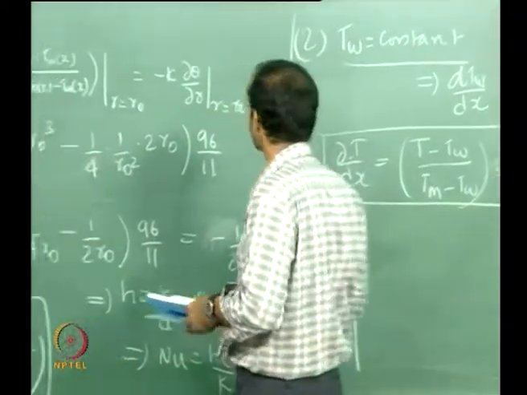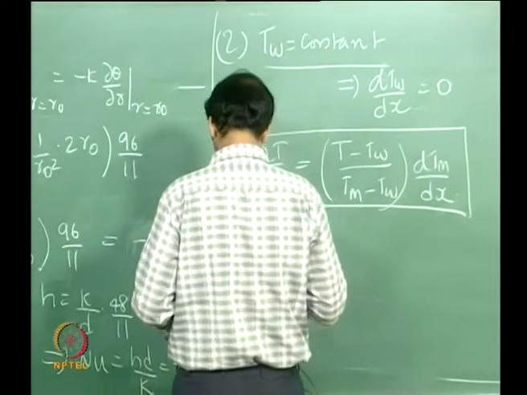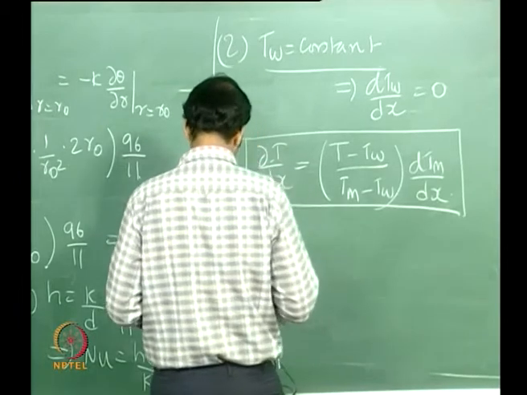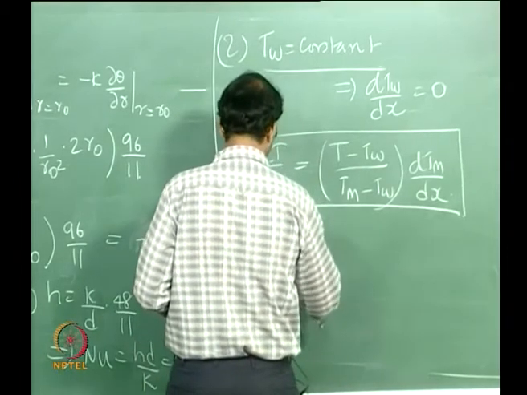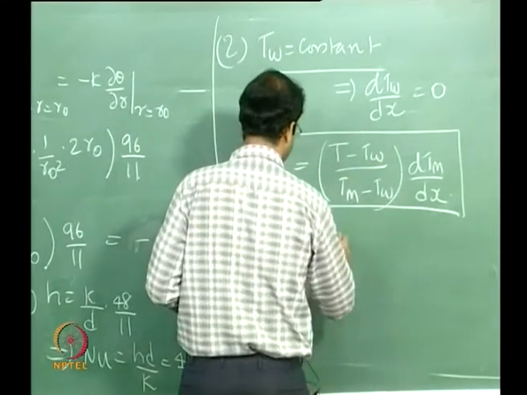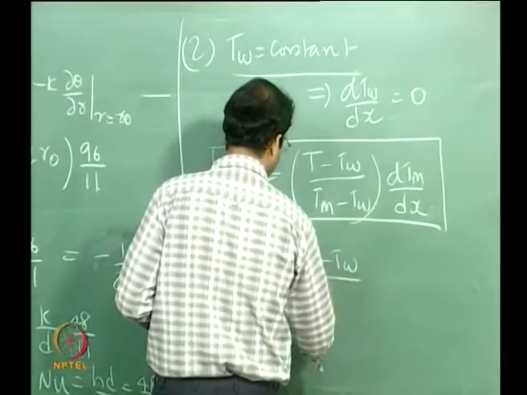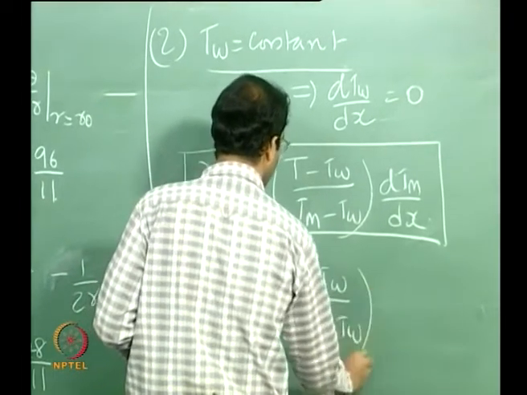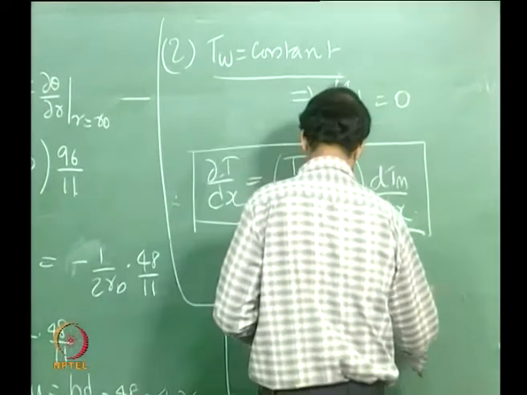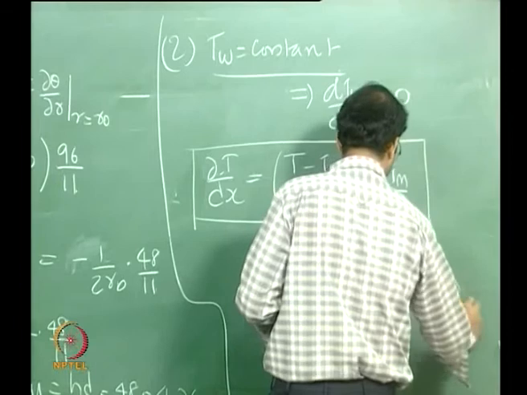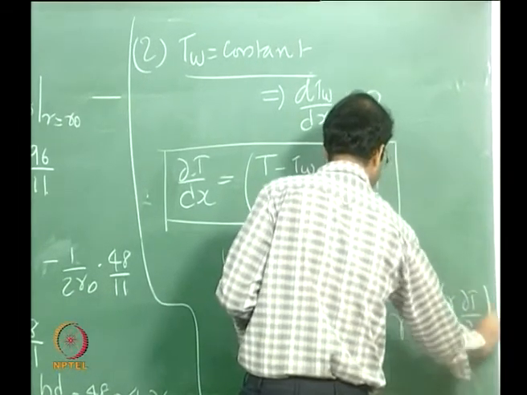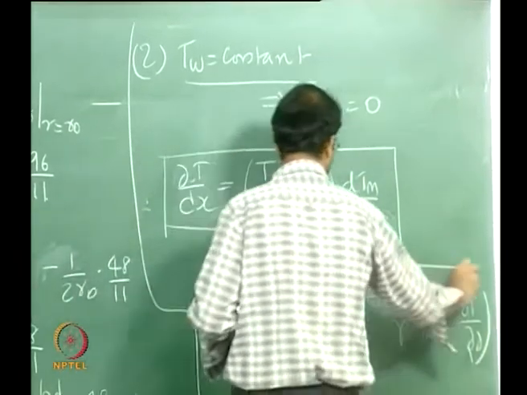On the left hand side you have dT by dx, so in place of that you have u by alpha into T minus T wall by Tm minus T wall into dTm by dx. This is equal to, of course, 1 by r d by dr into r dT by dr. So now this is what you need to solve.